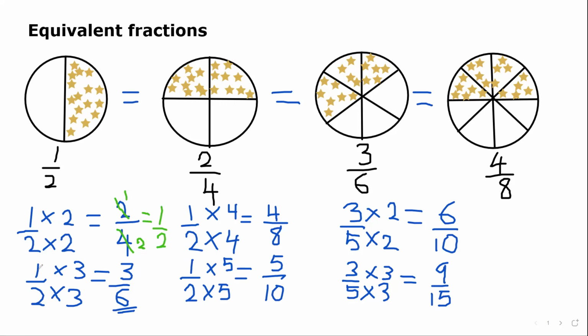Now, we said 1 over 2 is equal to 3 over 6. If you still doubt they are equivalent, when you cancel, you still get the same fraction. So, you cancel 3 goes here 1, 3 goes here 2. Okay, so therefore we have 1 out of 2.